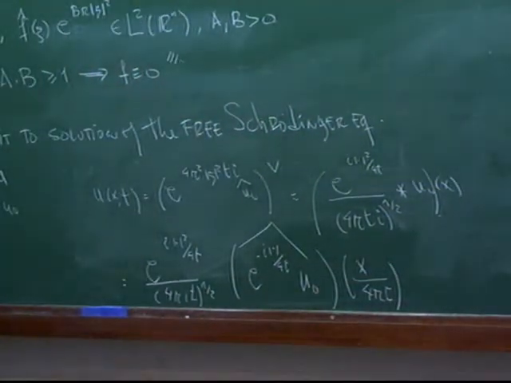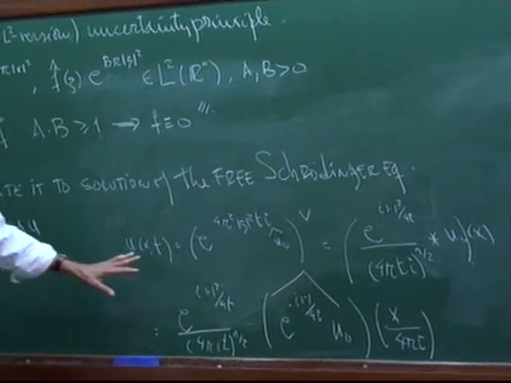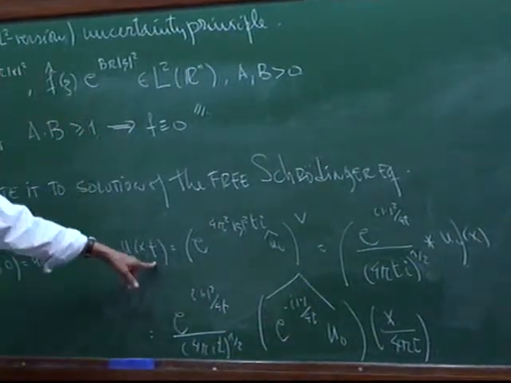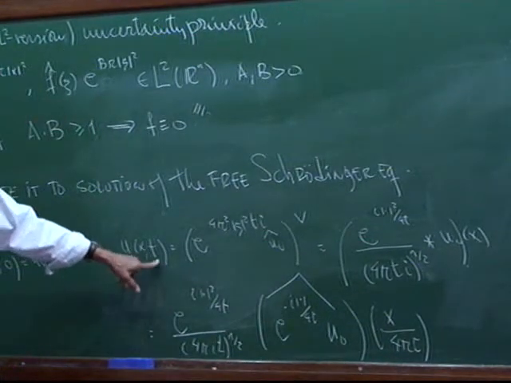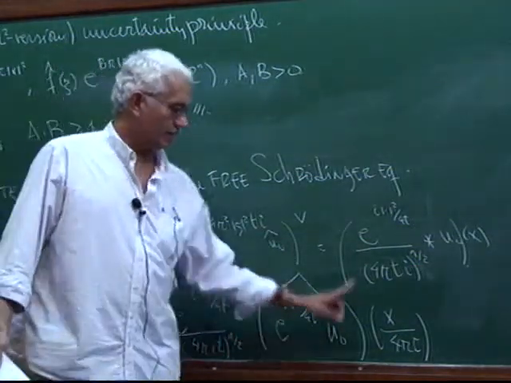Therefore, if we pass this to this side and we take absolute value, then you can say that the solution in absolute value at the time t is just the Fourier transform of this quantity evaluated at this point.